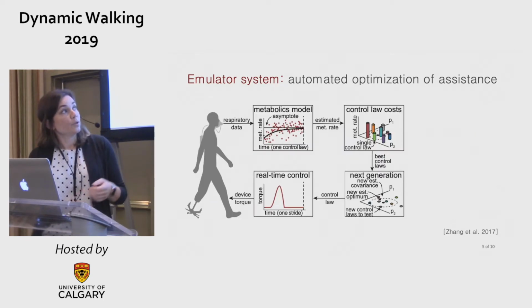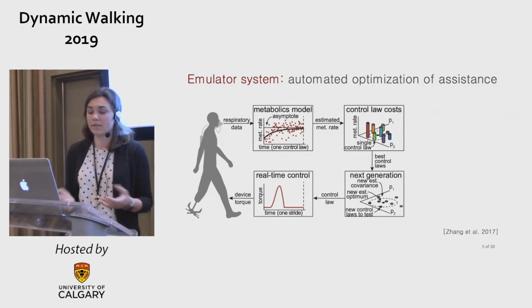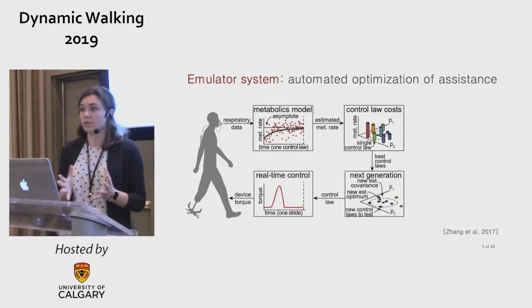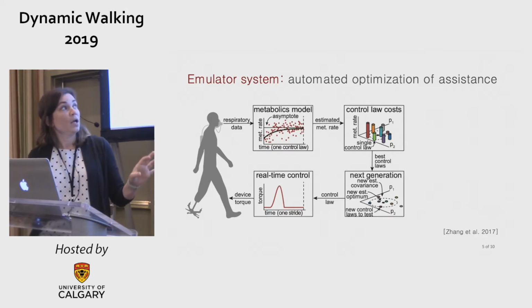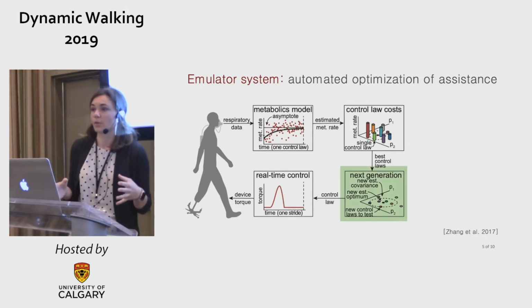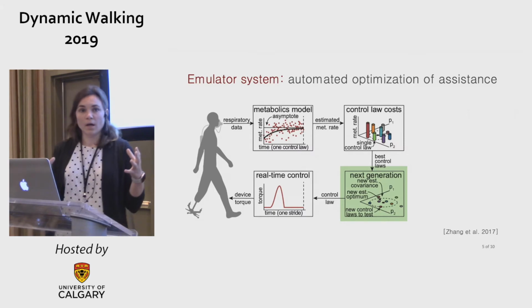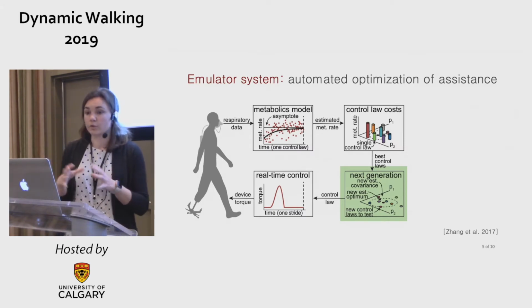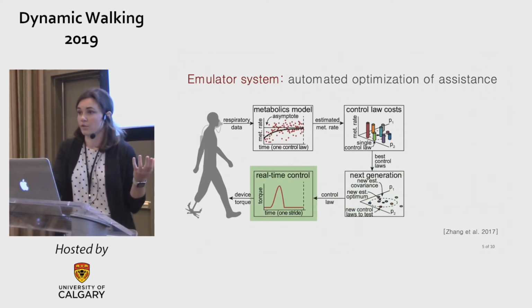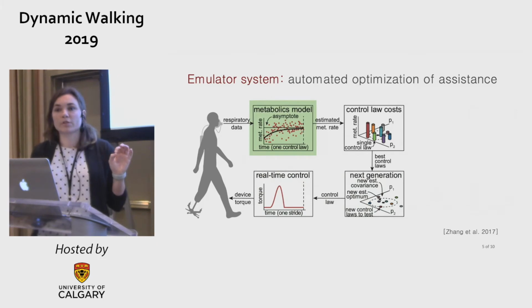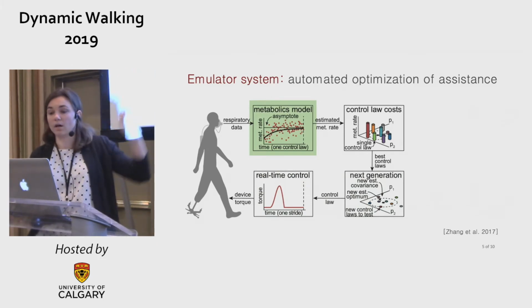We wanted to optimize this performance, and we optimize it using a system that we call human-in-the-loop optimization. Basically, we start with a generation of control laws, so control laws with a certain mean and distribution of controller parameters. Then each control law is dictated to the individual, and they get to experience it for about 2 minutes while we measure their performance, in this case metabolic cost.